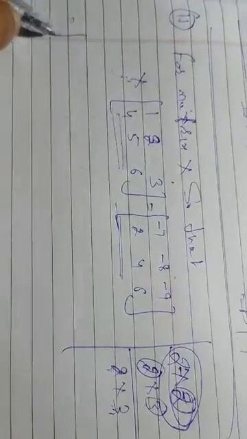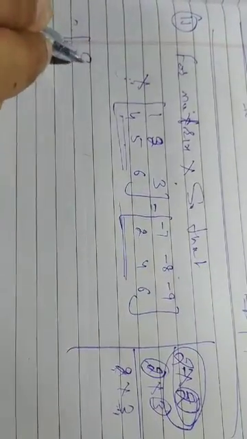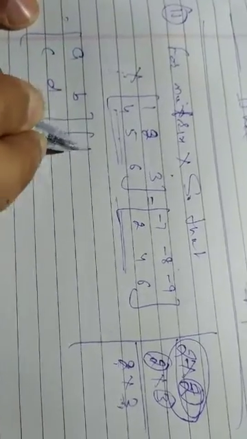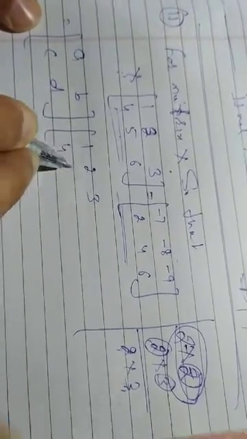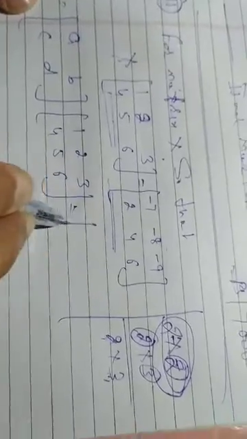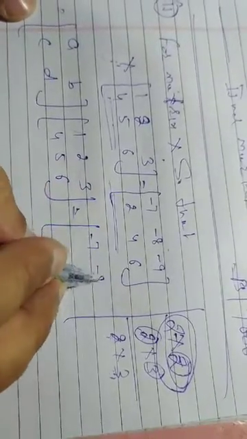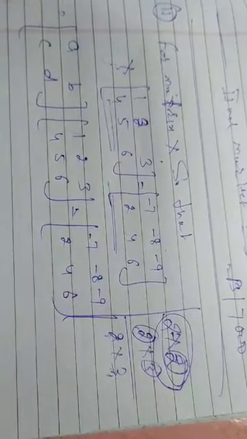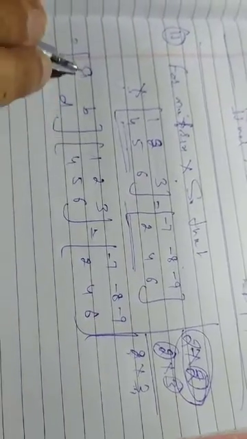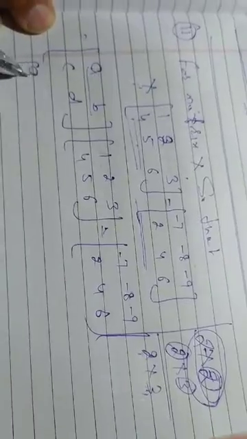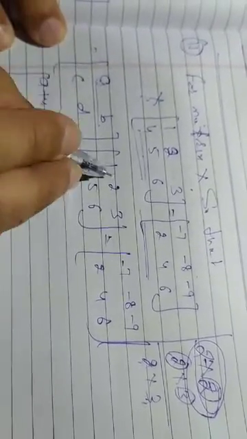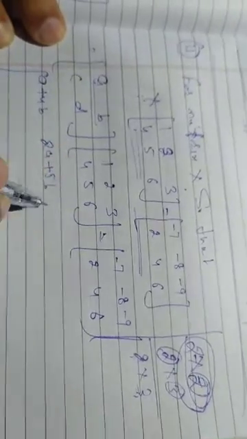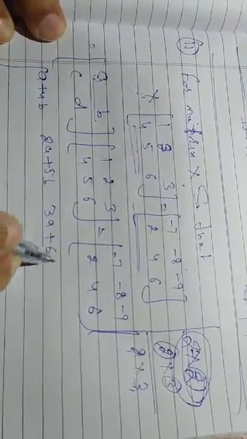So we can write the 2 by 2 order matrix as A, B, C and D. We multiply with the matrix 1, 2, 3, 4, 5, 6, giving minus 7, minus 8, minus 9, 2, 4, 6. Multiply first row, first column: A plus 4B, 2A plus 5B, 3A plus 6B.